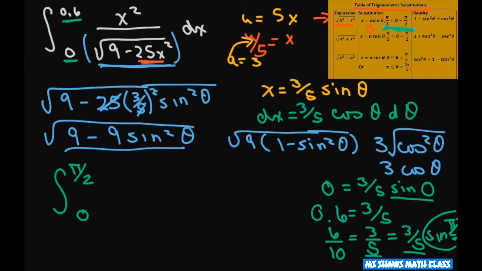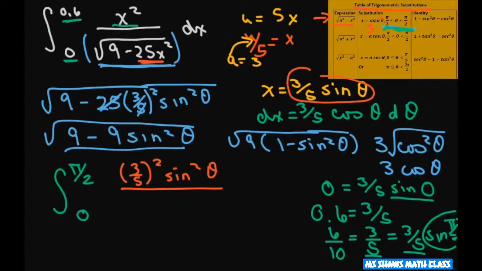And now let's substitute in, and we're going to get our x. So this is our x. So that's going to be 3/5 squared sine squared theta divided by this portion, which we already know to be 3 cosine of theta, and then times dx, which is this piece.